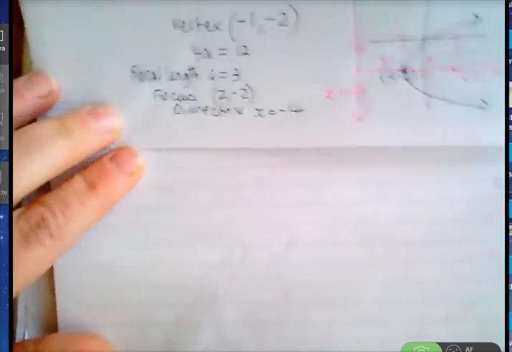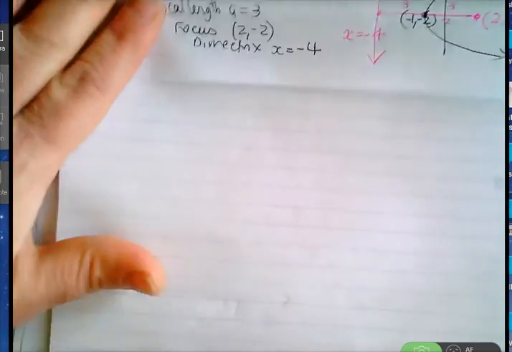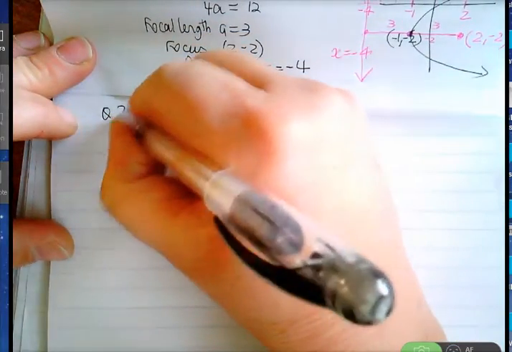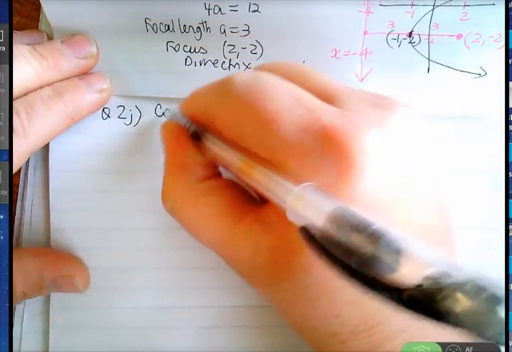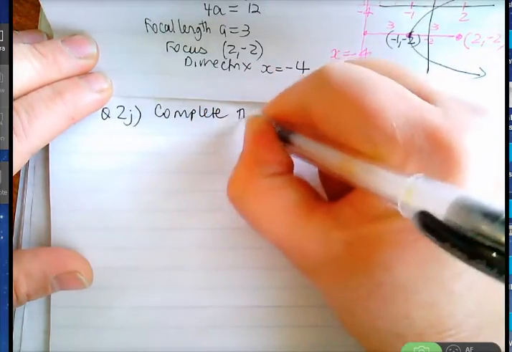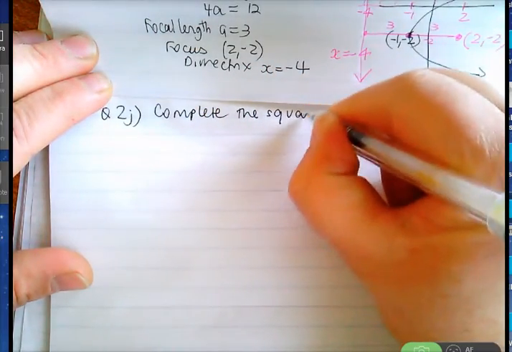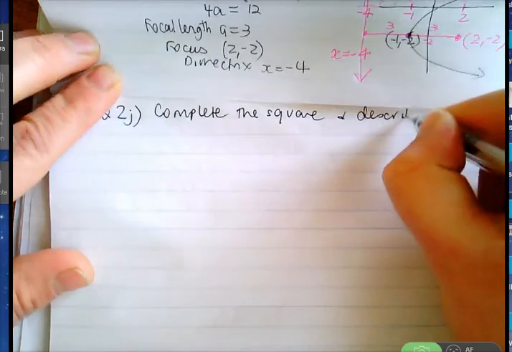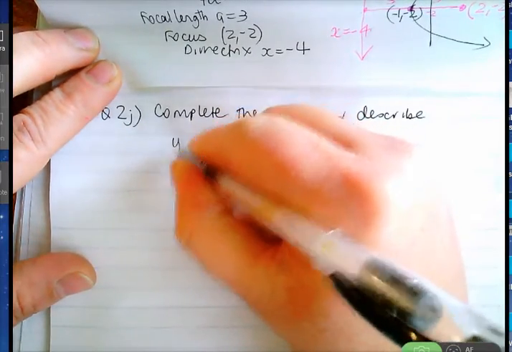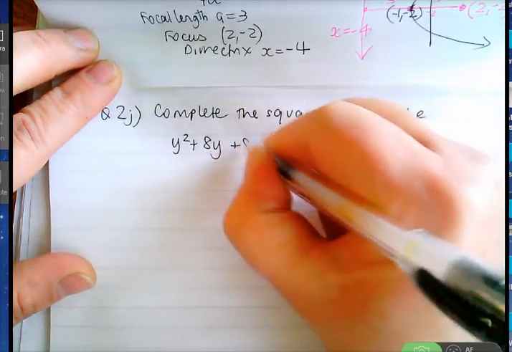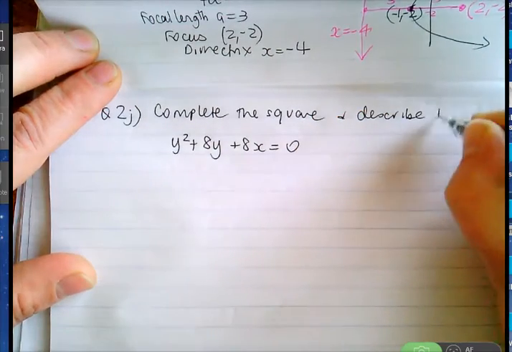So the next question, question 2j: basically complete the square and describe the parabola. y squared plus 8y plus 8x equals 0.